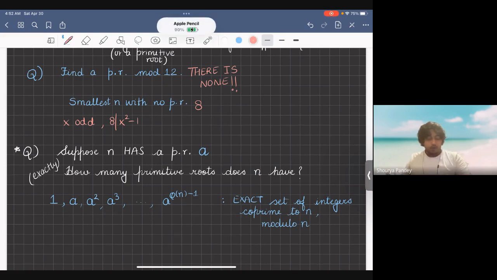And so I only need to find from this list how many more of them are primitive.